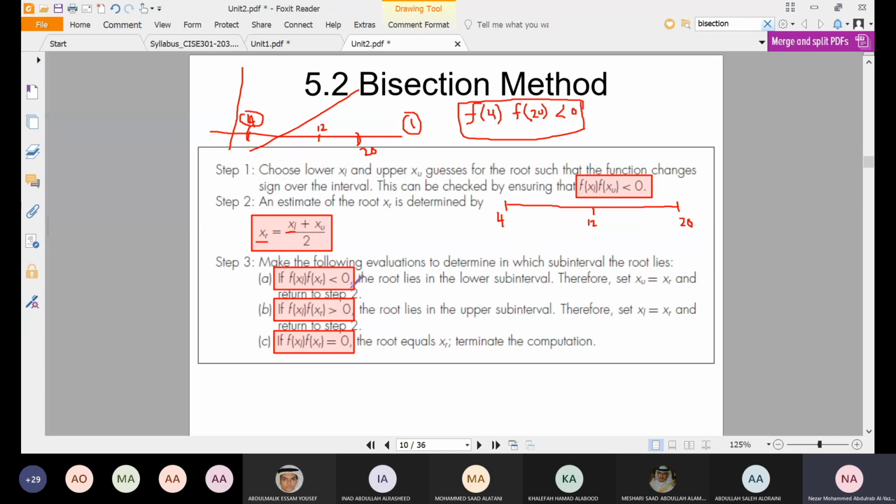If this is less than 0, that means I have a change in sign, so the root lies in the lower subinterval.